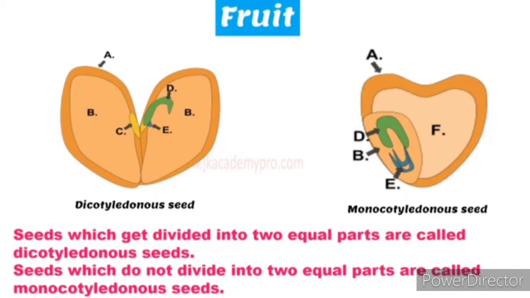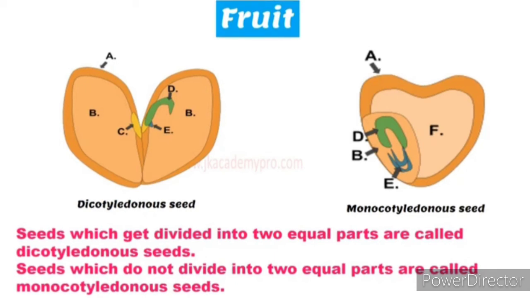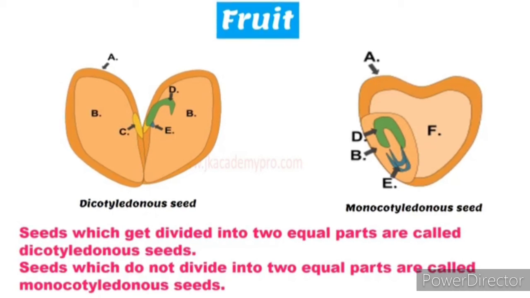But when you press the rice seed, you will not get two parts. What do you understand from this activity? Some seeds are divided into two equal parts, and some seeds are not divided into any parts.